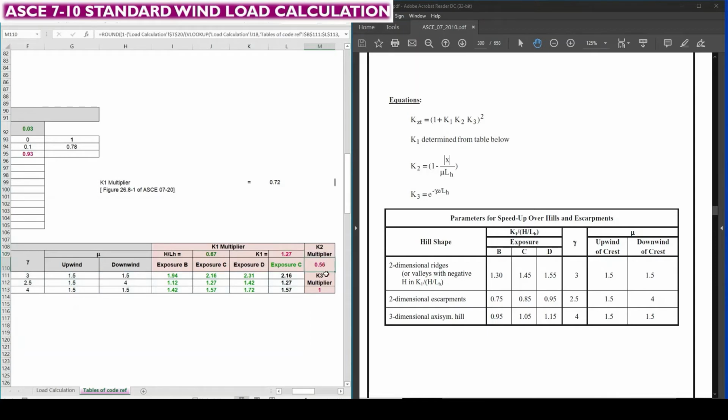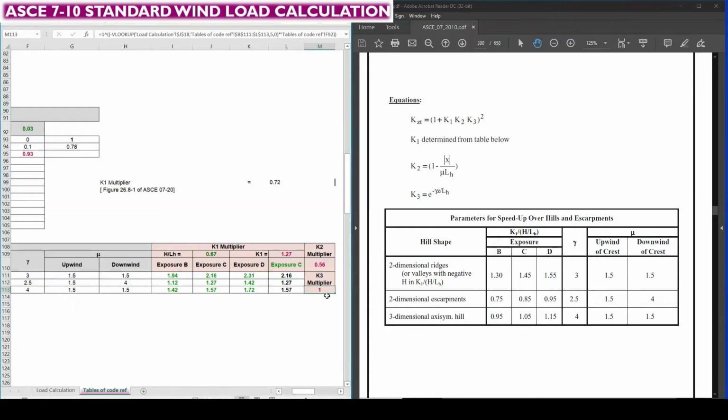Now for the K2 multiplier, the formula given here in the right hand side PDF is 1 minus x divided by mu LH. Applying the same formula, we are getting 0.56. Similarly for the K3 multiplier, there is a formula given in ASCE 07-2010, which is K3 equal to e power minus gamma z divided by LH.